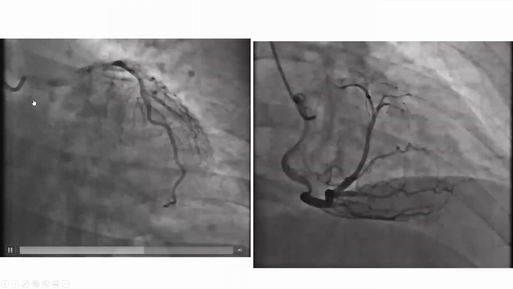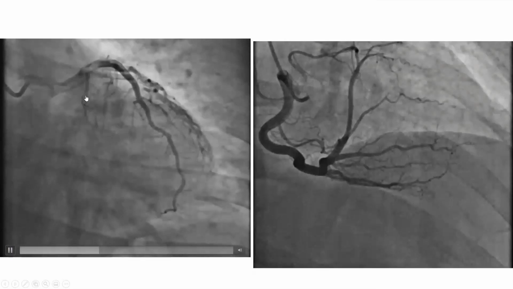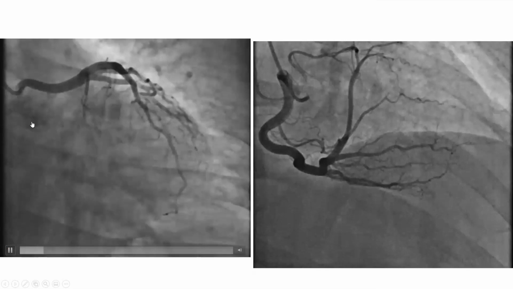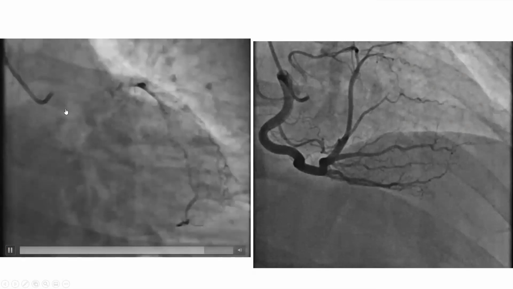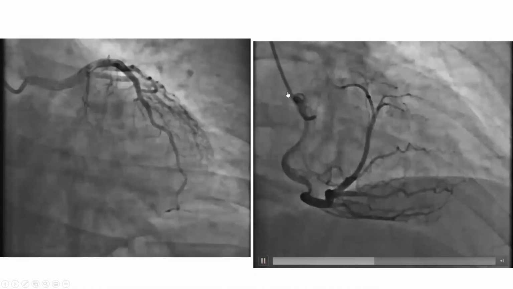Okay. This is another case. This is the only case I've ever seen of that sort. So again, long left main, suggestive of an abnormal origin left circumflex. We could not find it in the left cusp, nor in the right cusp. But this is why, look at that RCA.